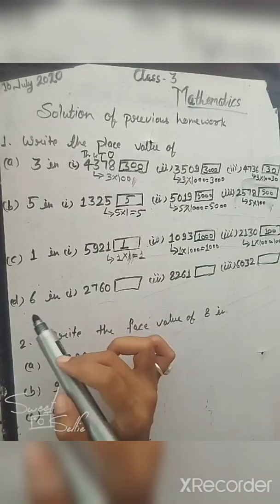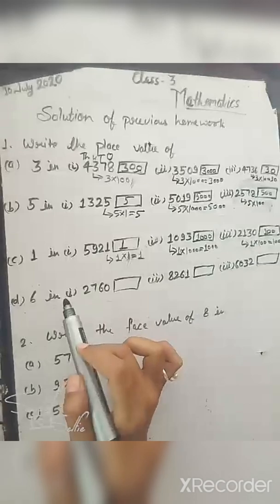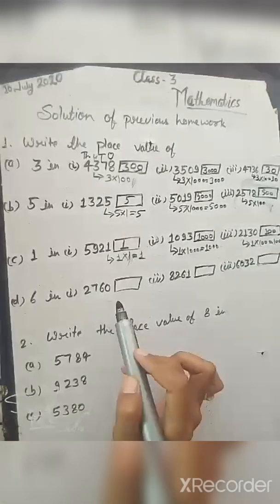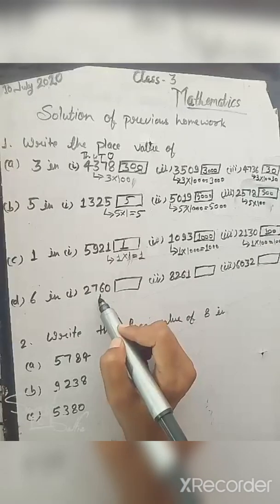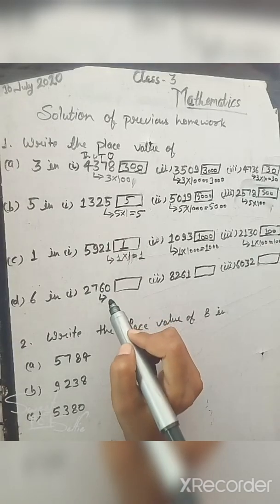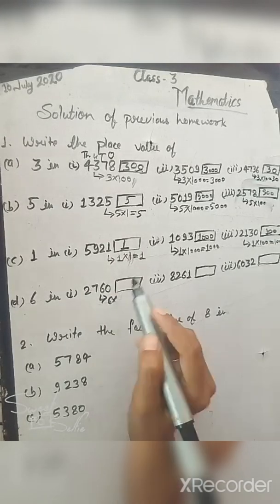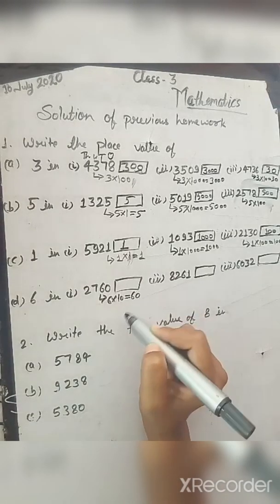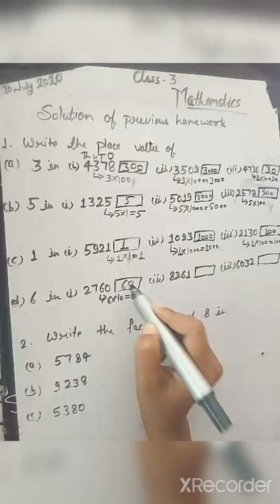Look at D. In D, we have to find out the place value of 6 in 2760. We can see here in this numeral 6 at the tens place. So we multiply it with 10. 6 multiplied by 10 is equal to 60. So we will write here 60.